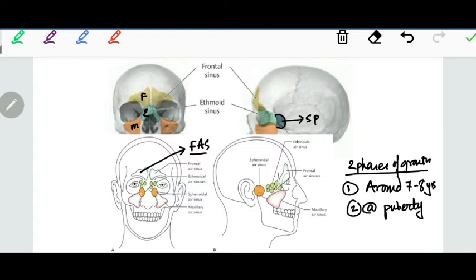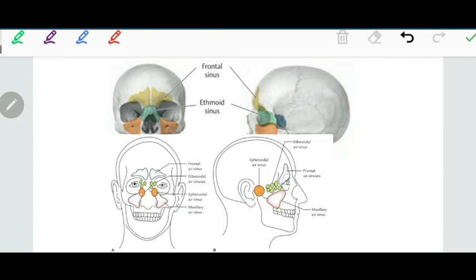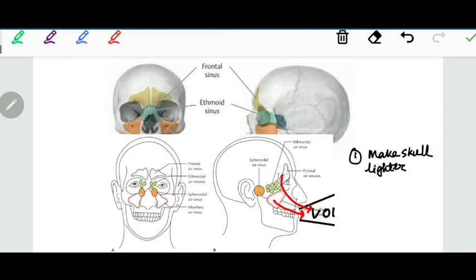Regarding the functions of the paranasal sinuses, first of all, as the paranasal sinuses contain air, they are not solid, so first and foremost they make the skull lighter. Number 2, they add resonance to the voice.